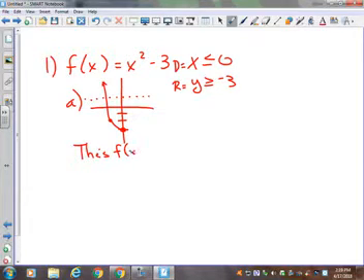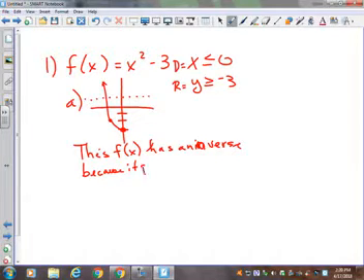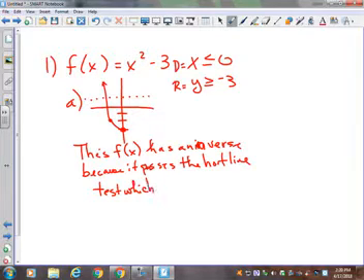This function has an inverse, that's an N, because it passes the horizontal line test, which means it's 1-to-1.